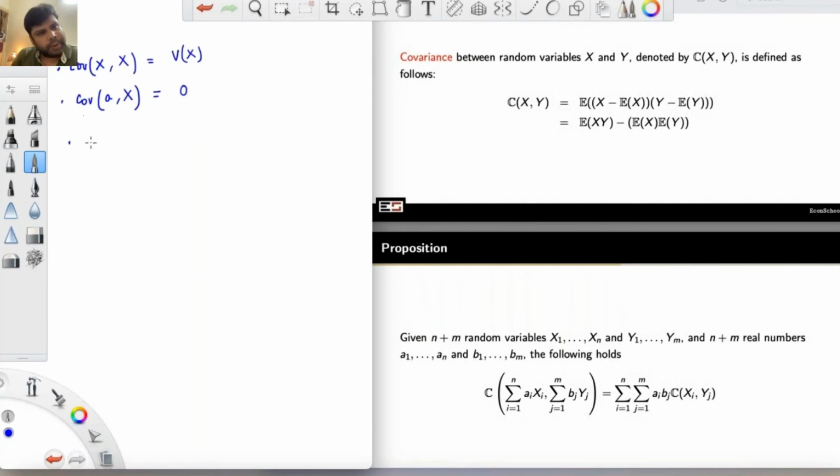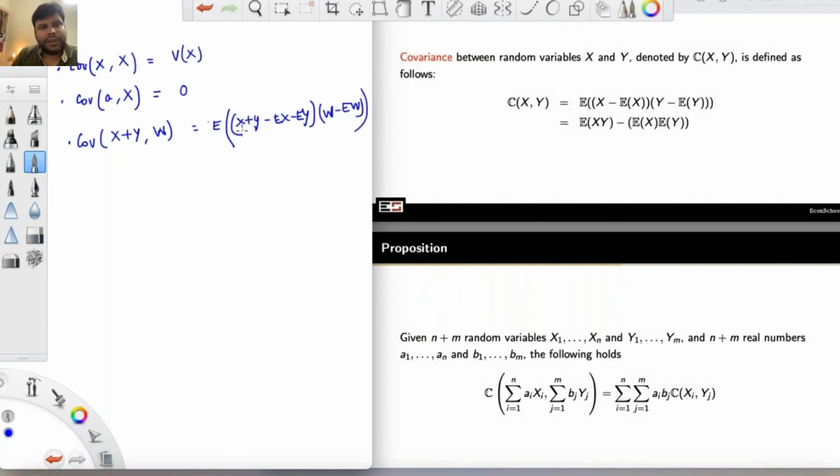What about the covariance between X plus Y and W? What can you say about that? If you use the formula above, you get the expected value of X plus Y minus EX minus EY, times W minus EW.